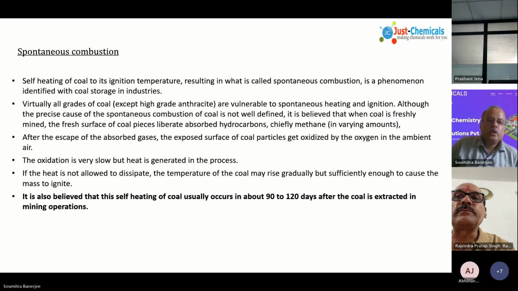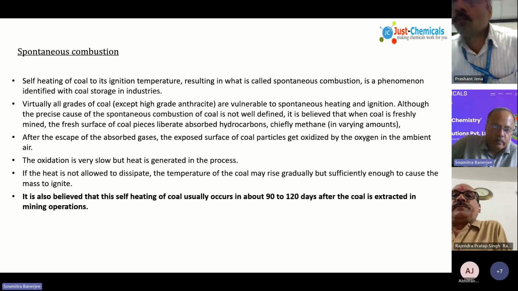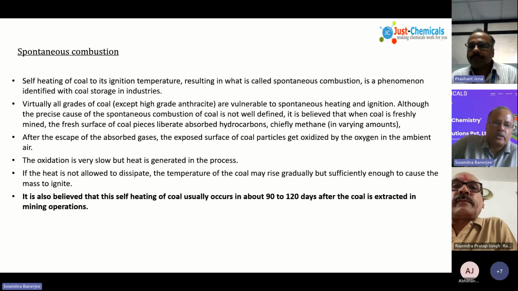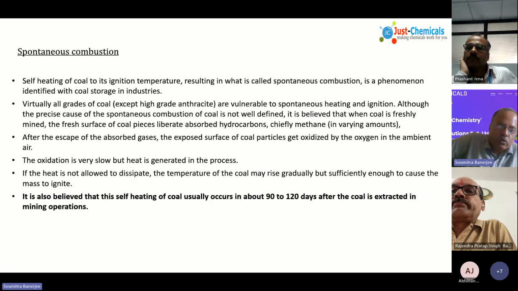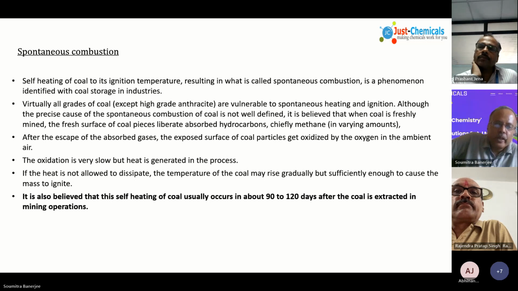So this is self-heating of coal to its ignition temperature. Actually, more oxygen available to it increases the spontaneous combustion. Virtually all grades of coal, except high grade anthracite, are vulnerable to spontaneous heating and ignition.